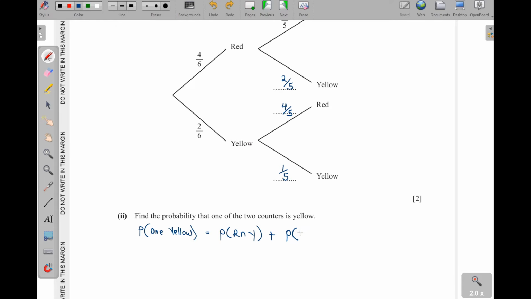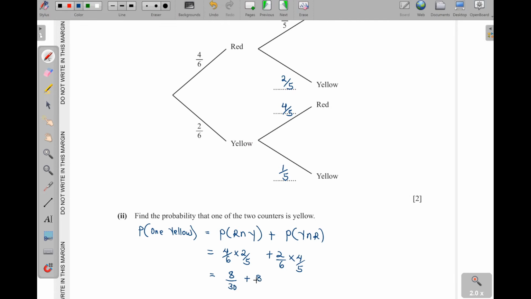So we shall have yellow and then red. Now, the other one is 4 over 6 times the probability of picking yellow, that is 2 over 5. Then this is 2 over 6, times red, 4 over 5. And this one will give us 8 out of 30.